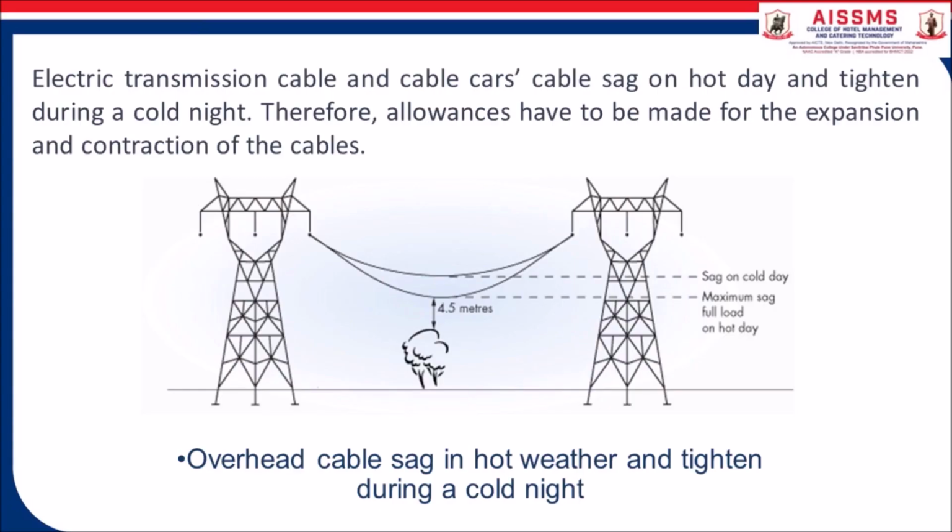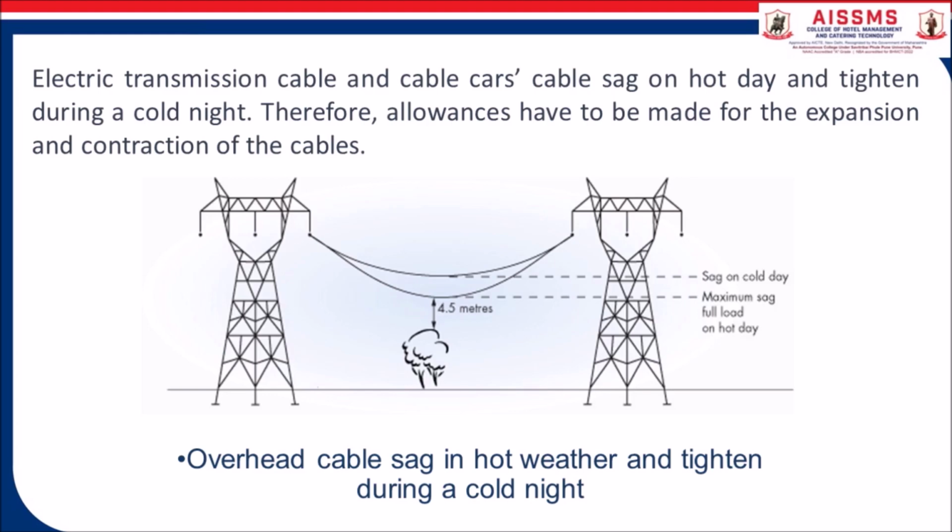So far we have seen expansion and contraction examples in things such as bridges, railway tracks, iron, etc. Let us move further and see a few more examples. Electric transmission cables. I am sure you all have seen this. Yes, they are also called cable cars. Cable sags on a hot day and tightens during the cold night.